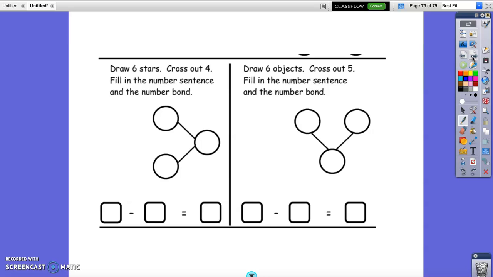Alright? I'm going to help you fill in the blanks, and then you're going to do the rest, okay? So this says draw 6 stars. So really what we're going to do is just make 6 circles. So I'm going to put 1, 2, 3, 4, 5, 6. That's my whole number.